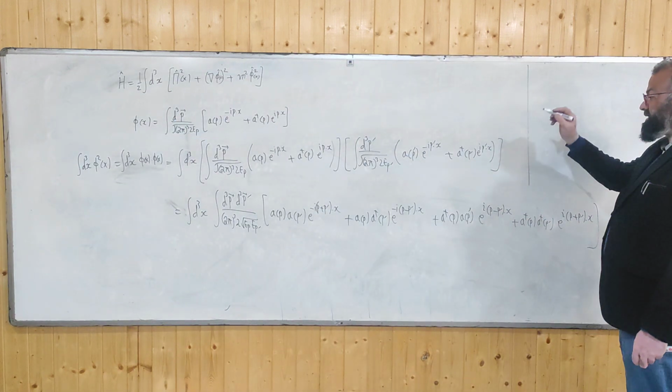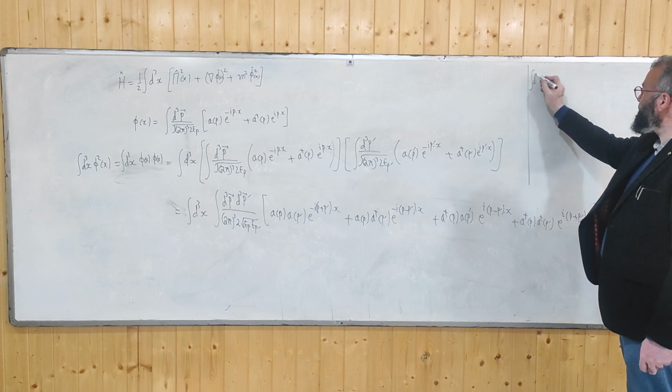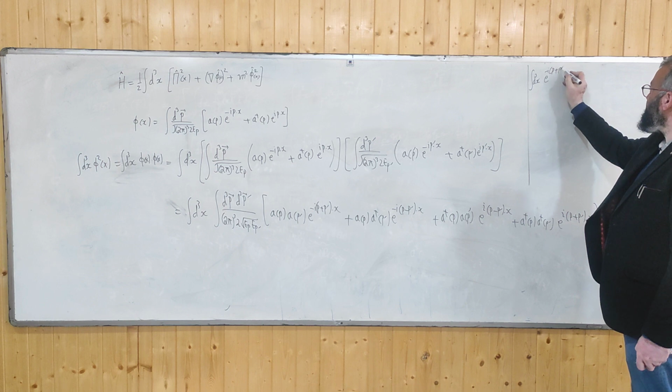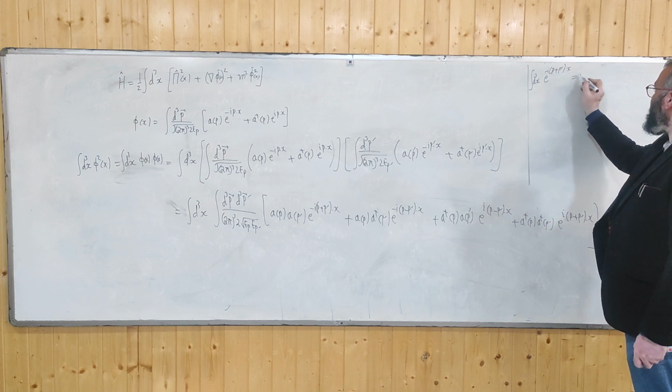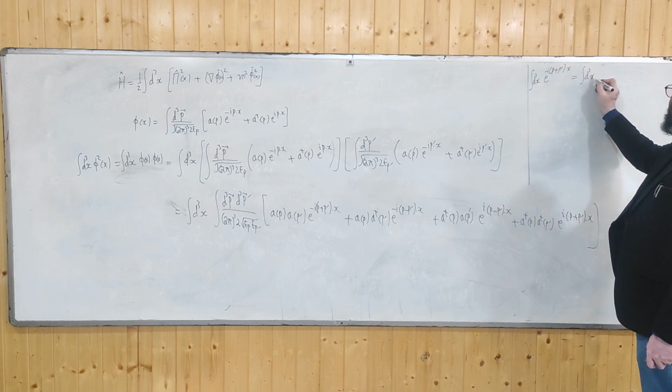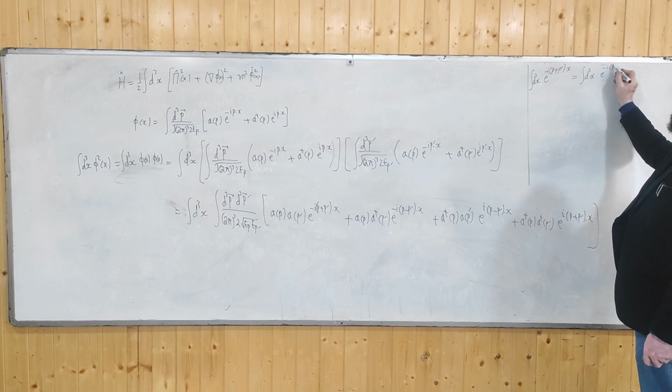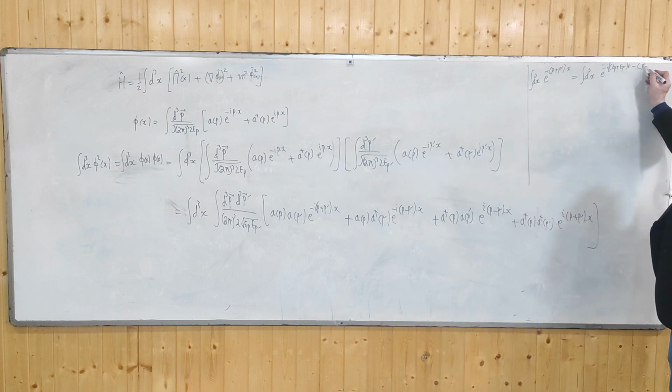I have already done this a moment before. You have p plus p prime dot x. So I can write it as d^3x e to the power minus i (E_p plus E_p prime) t, minus (p plus p prime) dot x.